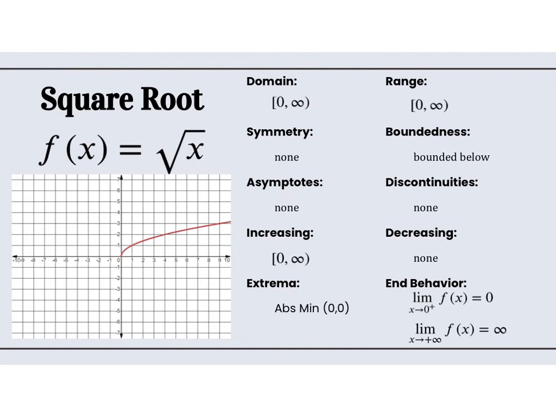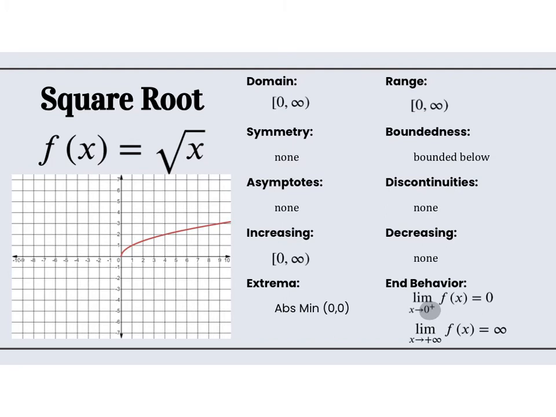The only thing I really want to talk about for this one, because a lot of it makes sense, is the end behavior. If you notice, the left end behavior does not say as it goes to negative infinity, because it does not go to negative infinity. So when we talk about the left end behavior for this, we're actually going to use this notation here that says as x approaches 0 from the positive side, because it doesn't approach 0 from the negative side. It only approaches 0 from the positive side.